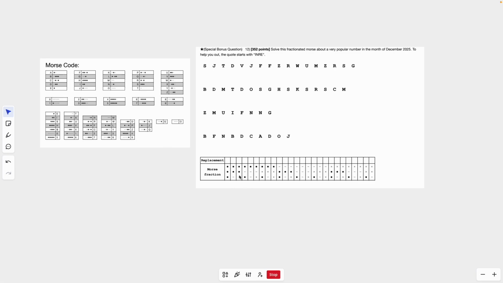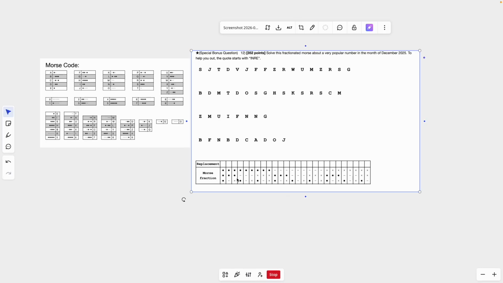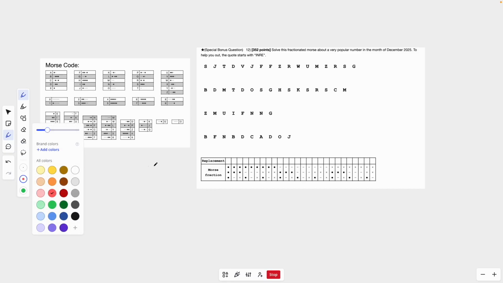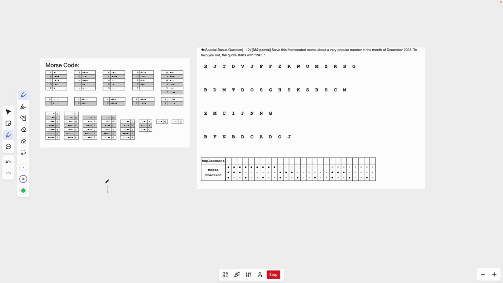As you can see here in the frequency table and replacement table, there's an X for some letters, and that's just something that they're going to include in the fractionated Morse code. So fractionated has X's, and Morse just has dots and dashes. And fractionated also has the dots and dashes too.